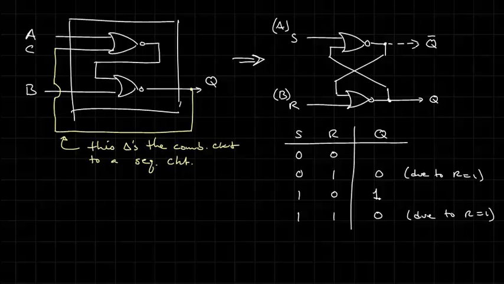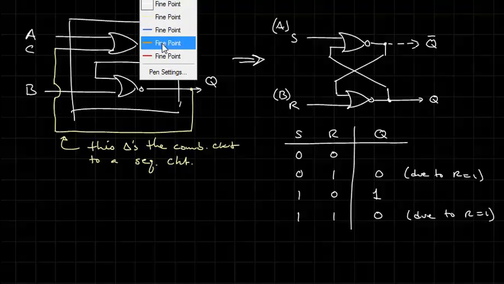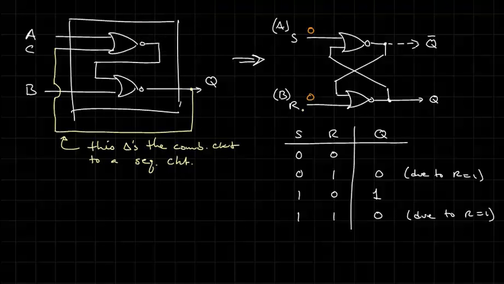Now the last one that we don't know is when both S and R are equal to false. What do we actually have? Well, let's play that out. If I have 0 for both of these, then Q bar will be equal to 1 if Q is equal to 0, because I have Q back over here.